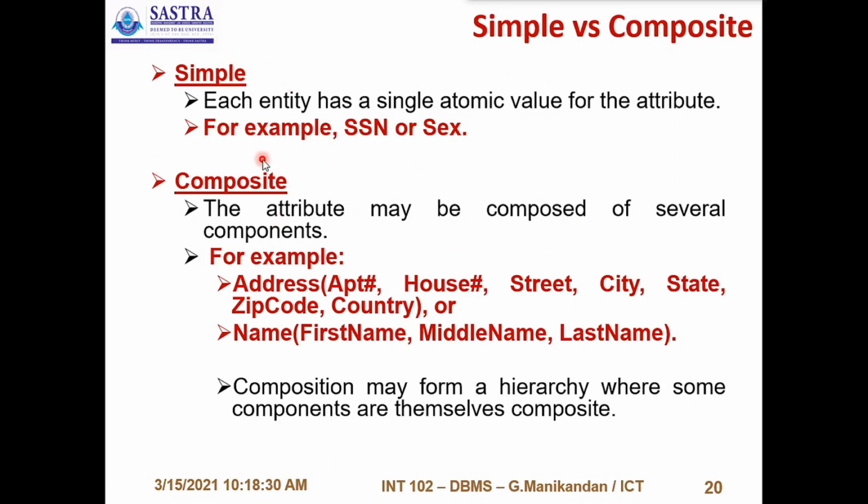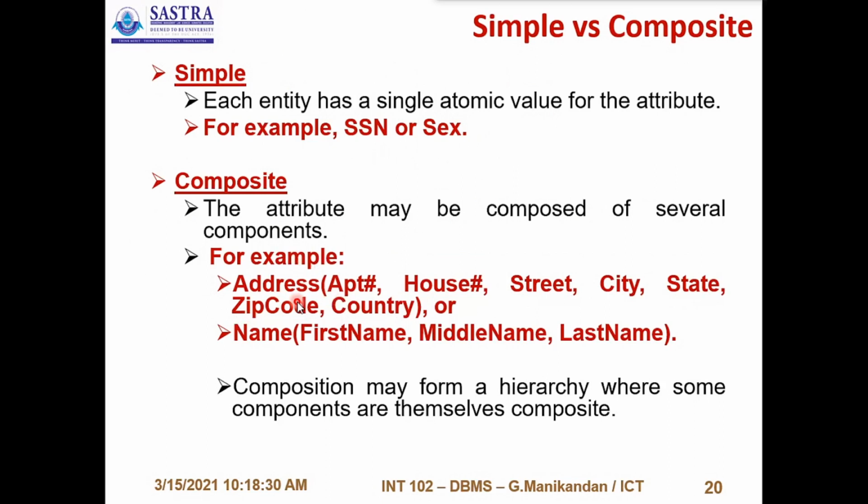Now the composite attribute. Composite means more than one, so this attribute is a combination of several components. For example, address. Your address is a combination of an apartment number, a house number, street, city, state, zip code, and the country. If you take sex, it may be M or F, whereas here you are going to have multiple values, not a single input for this particular field.